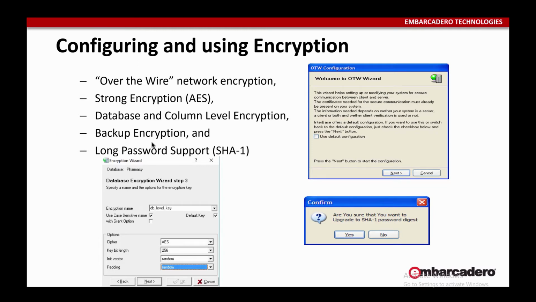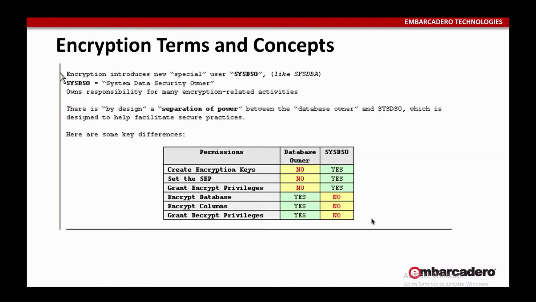We have backup encryption. So using InterBase database encryption, you can also encrypt database backup files. And lastly, we have long password support, SHA-1. A plain text password length of 32 bytes is supported.